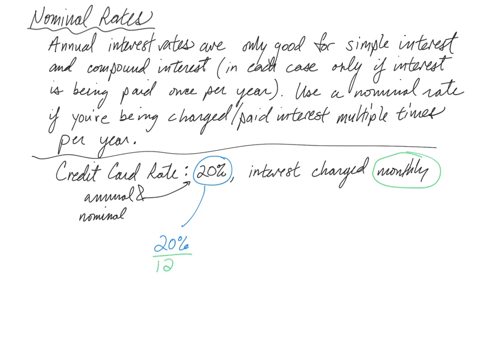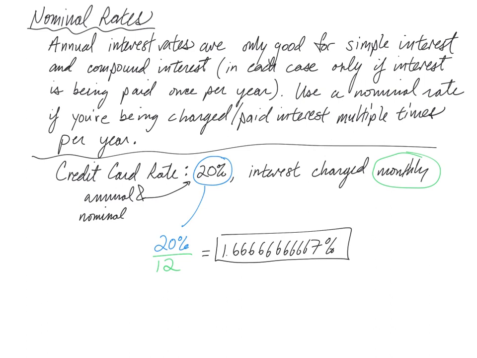If you're going to be charged interest monthly, you will be charged interest 12 times per year. So we can divide these two things out and we can get 1.6666666667%. And you want to go out as many decimal places as you possibly can, thereby giving you a more accurate answer at the end.